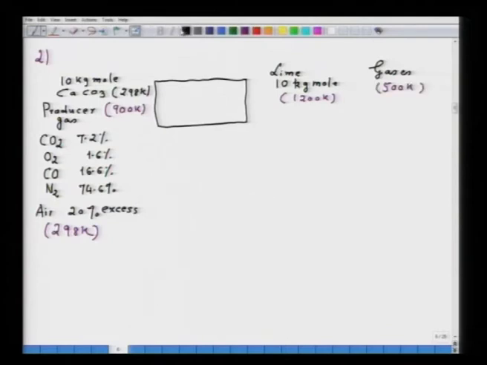Now, the gases would contain, as you can see in the problem, CO2. Since excess air is used, it will also contain excess oxygen, and since air is used, it will also contain nitrogen. So, in this situation, you have to find out the amount of producer gas. Now, all that you have to do is the heat balance.